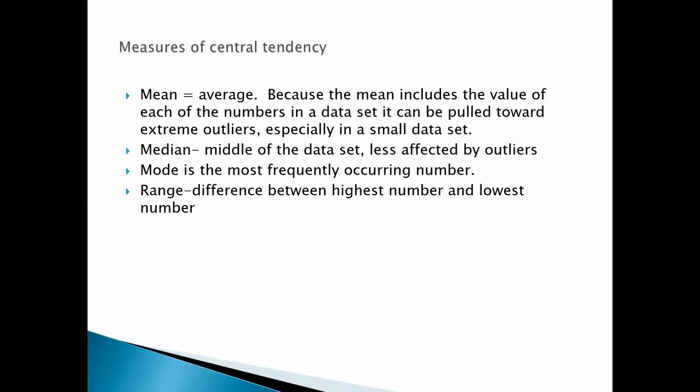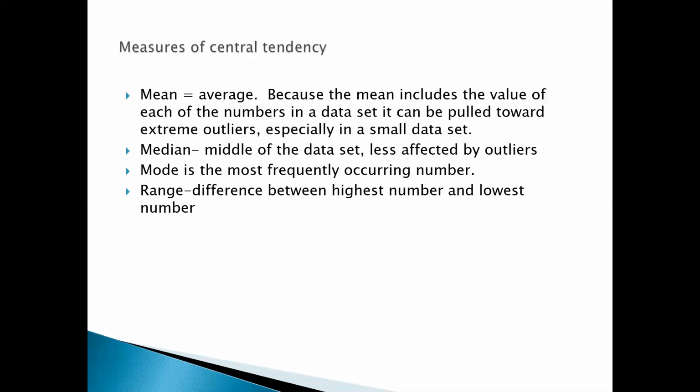So you can imagine if you have a bunch of numbers that are 1 through 10, and then you have 100, that's going to pull your data. It pulls the average higher, but doesn't really reflect the numbers in the data set, the middle, or the average person.